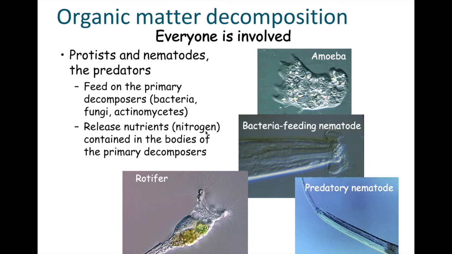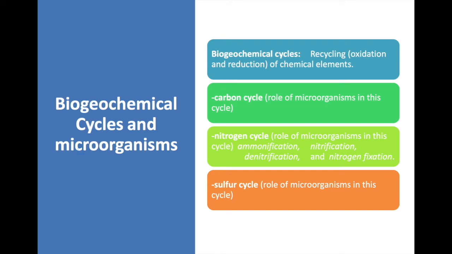Later on, we are going to talk about how nitrogen-containing compounds are recycled in the ecosystem via the biogeochemical cycle known as the nitrogen cycle. That's what I'm talking about, the biogeochemical cycles and the microorganisms. Biogeochemical cycles are all about recycling matter in the ecosystem, specifically soil matter.